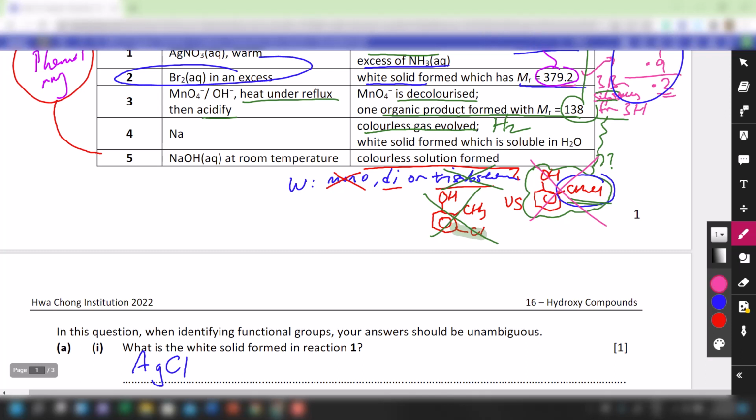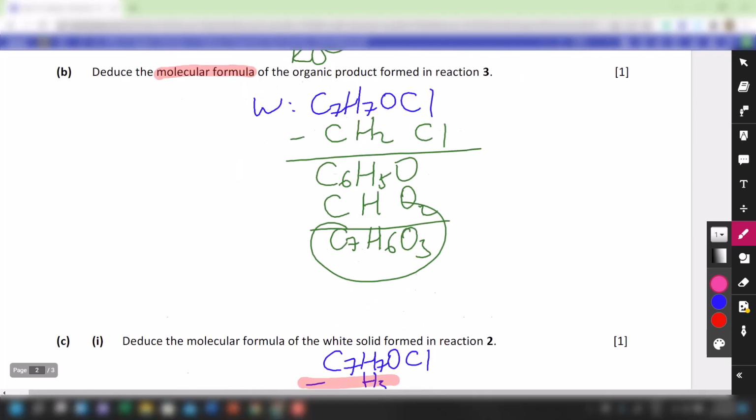But if it's 1,2 disubstituted, knowing that OH is 2,4,6 directing, my Br will only be able to add to this position and this position. So to deduce the actual substitution pattern, I need to make sure that 2,4,6 is free from any substituents. Because of that, my substitution pattern should therefore be only 1,3.